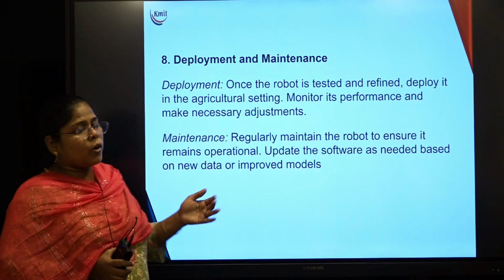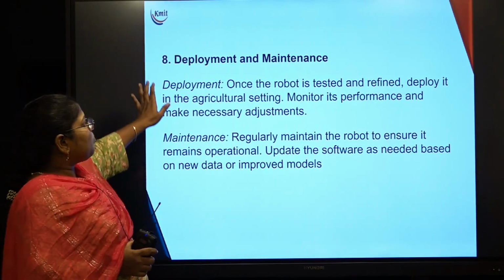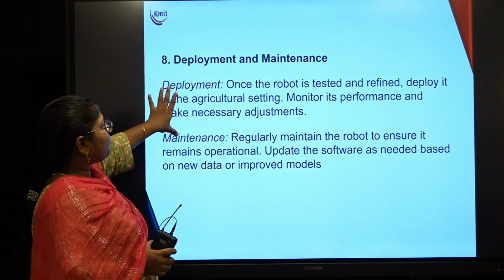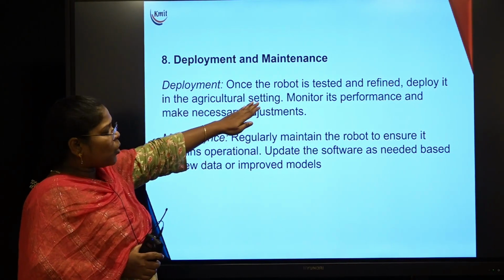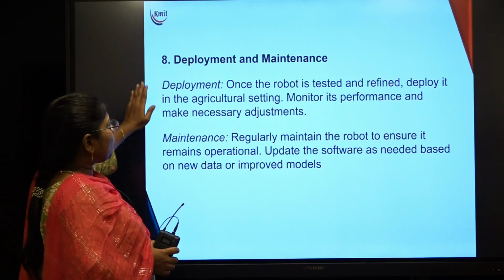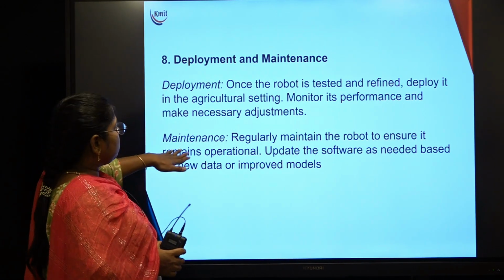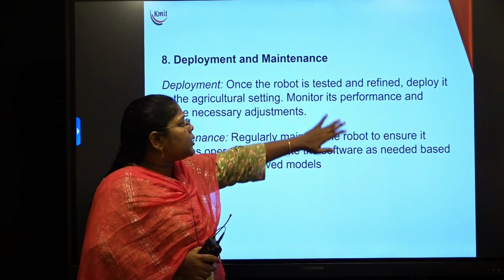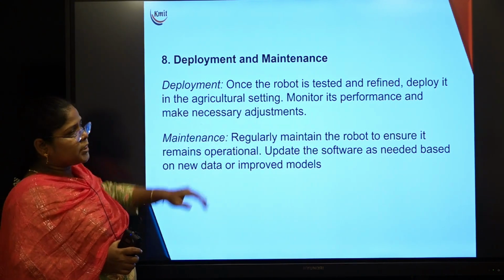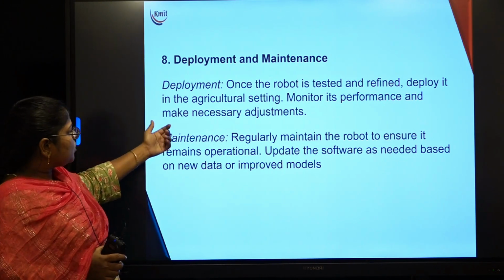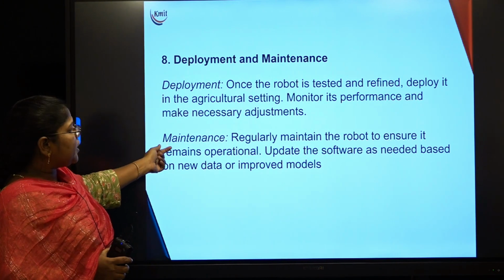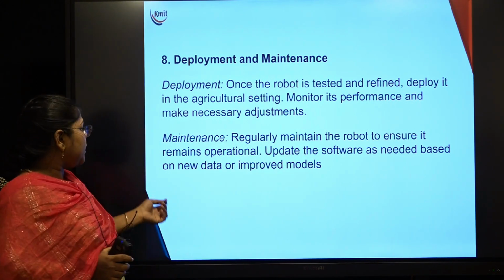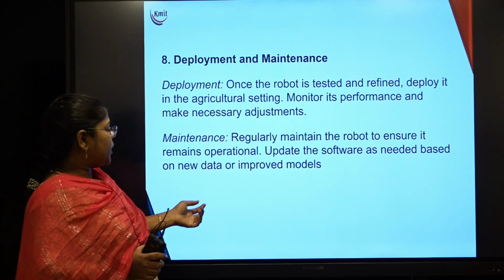Once the model is ready, we can deploy and maintain the model. Once the model is tested, we can deploy it in the agriculture setting, monitor its performance and make necessary adjustments. We can also do regular maintenance of the robot to ensure it remains operational.